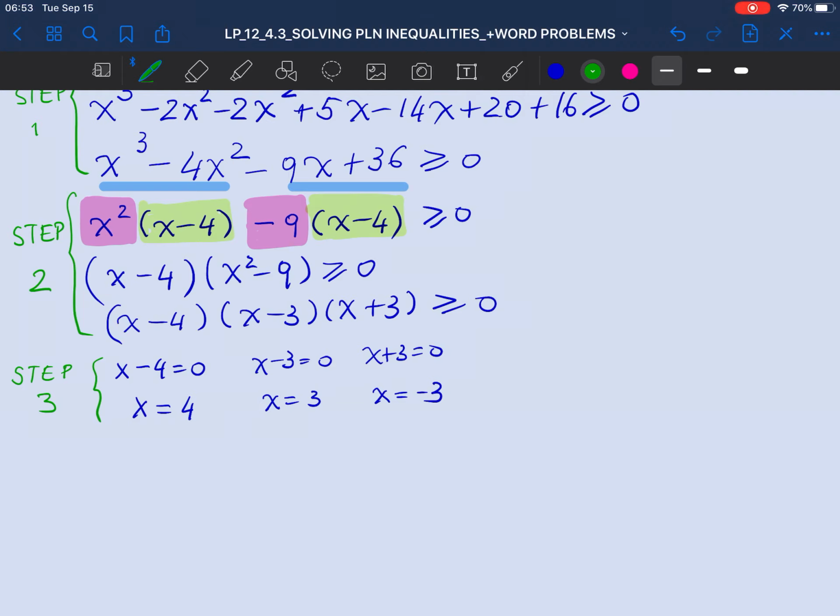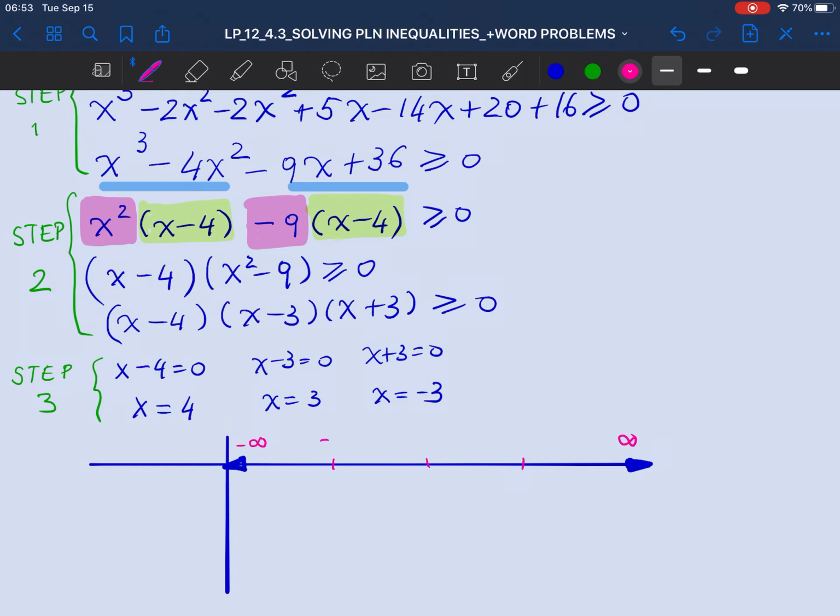Now in the next step, what we're going to do is build the table. So here goes the number line. And here goes where all the factors will be listed. The number line goes from negative to positive infinity. And here we're going to place all 3 zeros equidistant from each other.